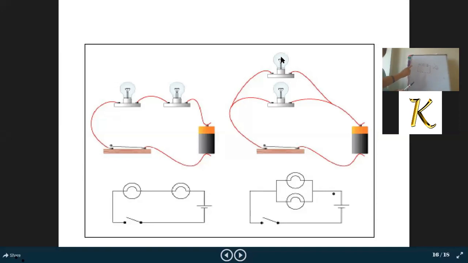Now what happens once we apply the potential difference across the ends of the conductor?